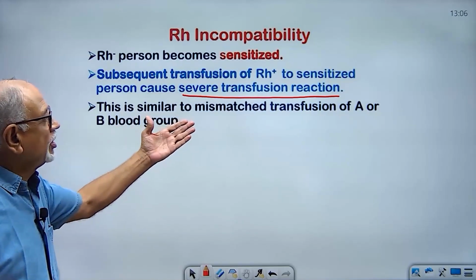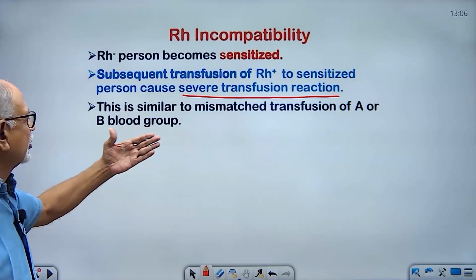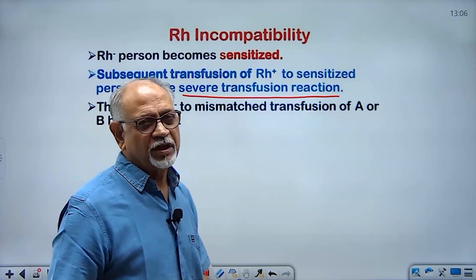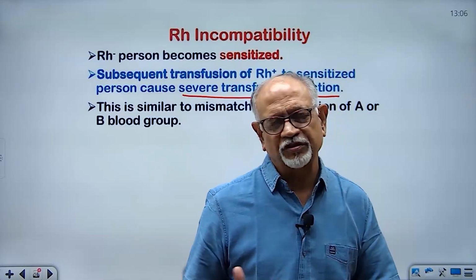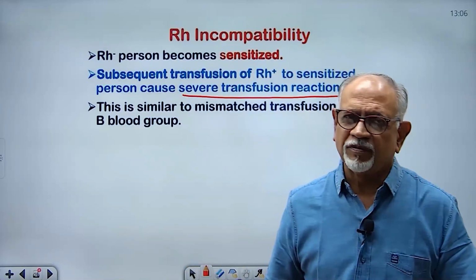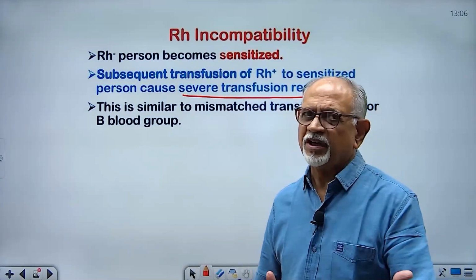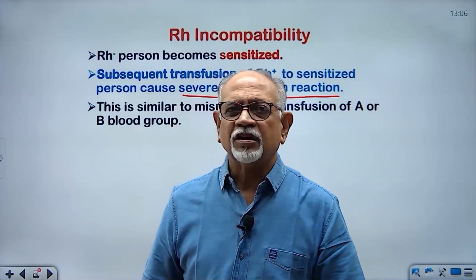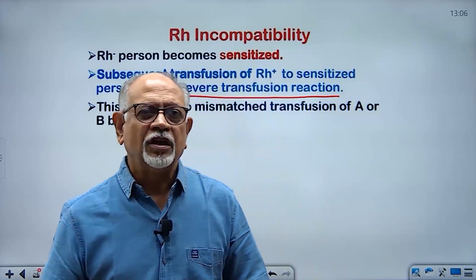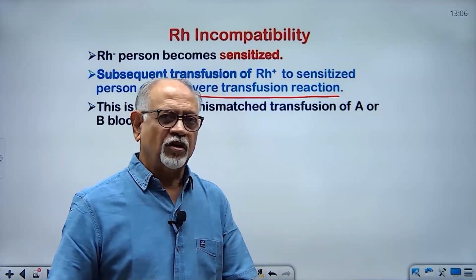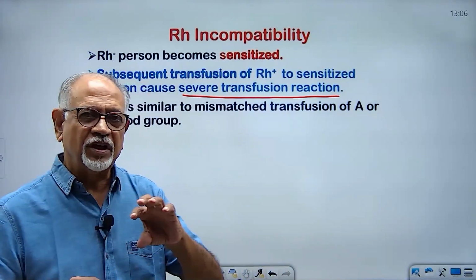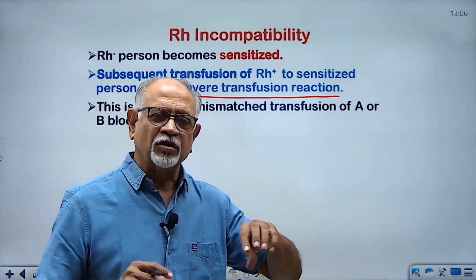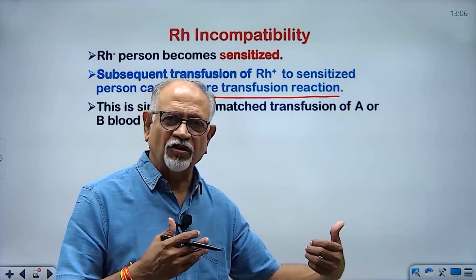This is similar to mismatched transfusion in the ABO blood group system. Similarly in the ABO system, if a person of blood group A, having antibody B, receives blood group B, then the RBCs of the donor will be agglutinated in the recipient's blood, causing severe consequences.